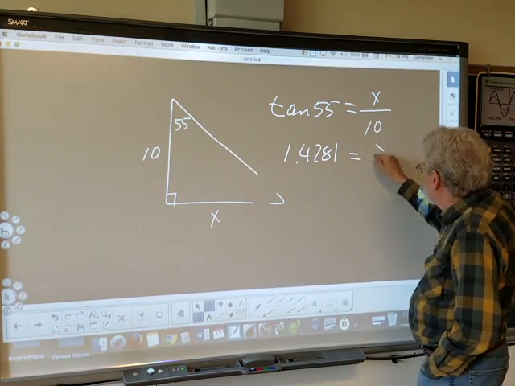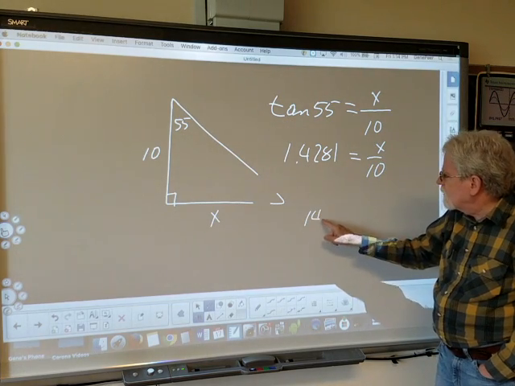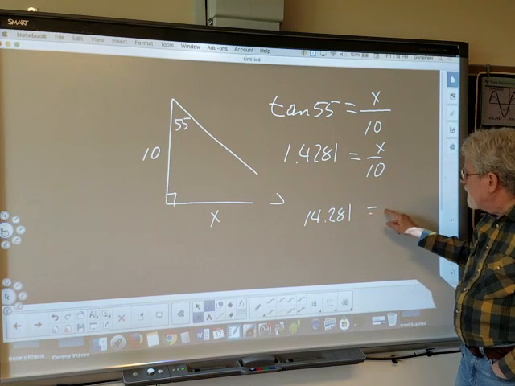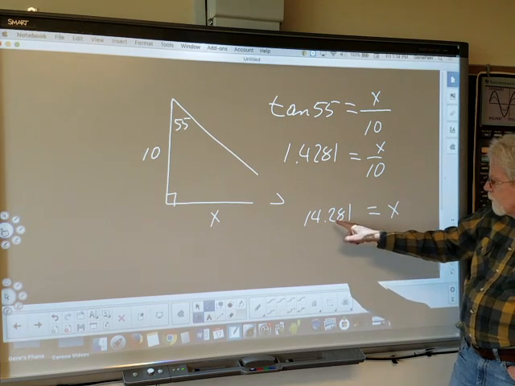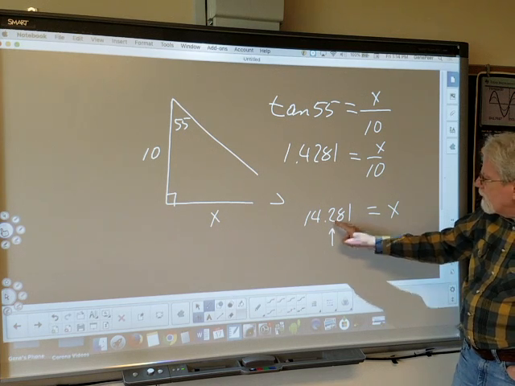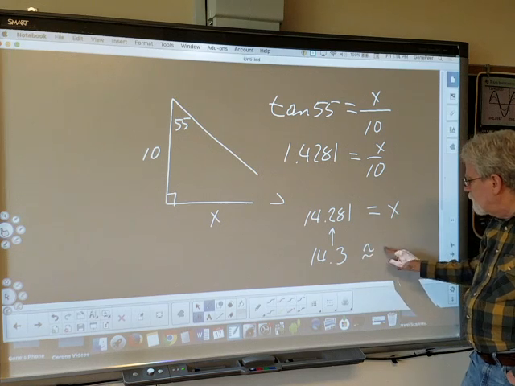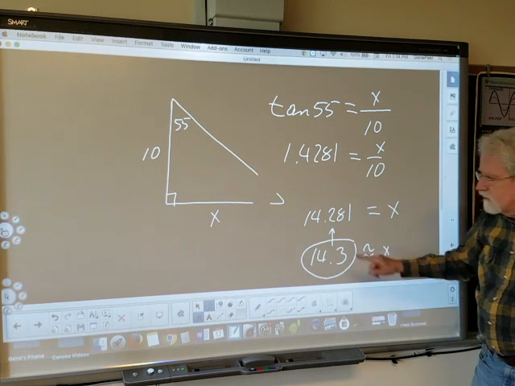So 1.4281 equals x over 10. Now all we have to do is multiply by 10. We get about 14.281 equals x, but we're rounding to the nearest tenth, so that 8 says bump the 2 up. We get 14.3 is approximately equal to x, and we are done.